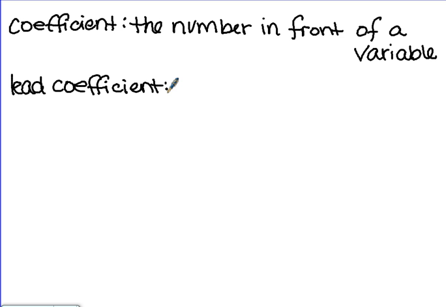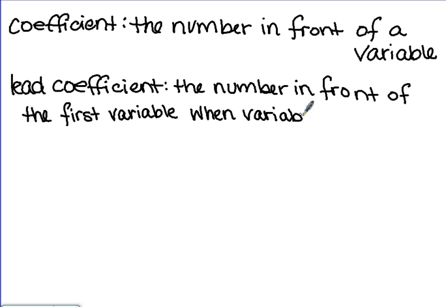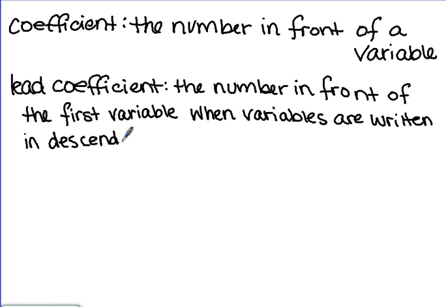So it's the very first number in front of the very first variable when we write them in descending order of powers.